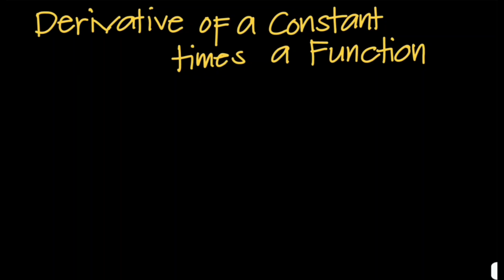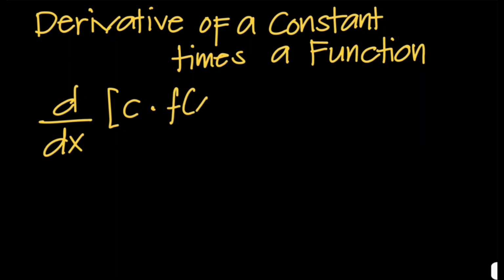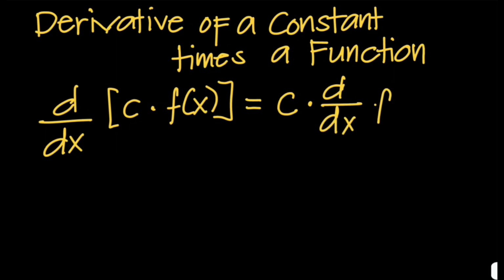Now how about the derivative of a constant times a function? So the derivative of a constant, our constant c, and a function, let's say the function is f of x, with respect to dx is just equal to the constant times the derivative of f of x with respect to x.